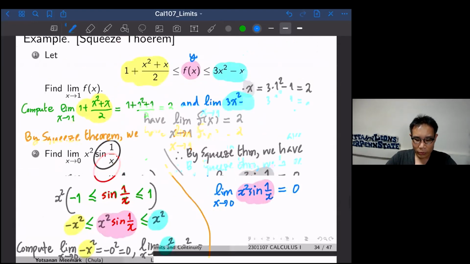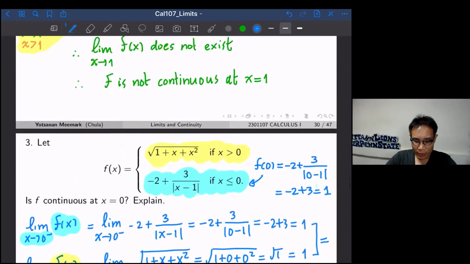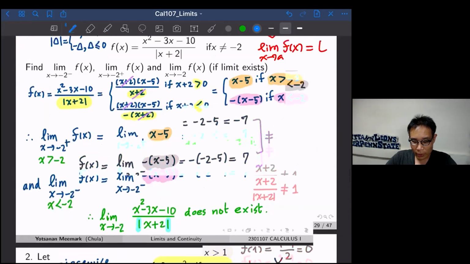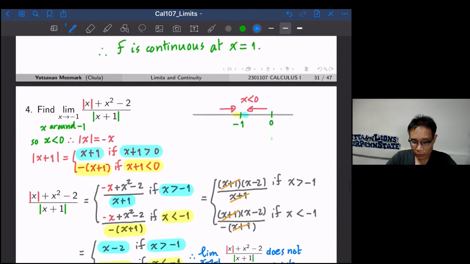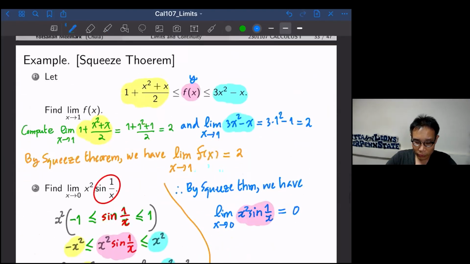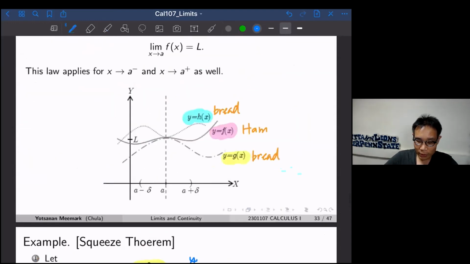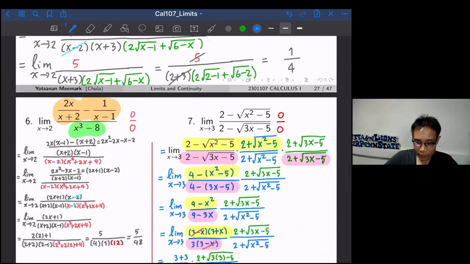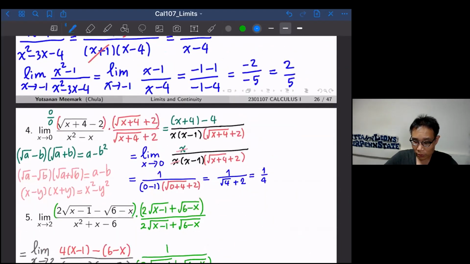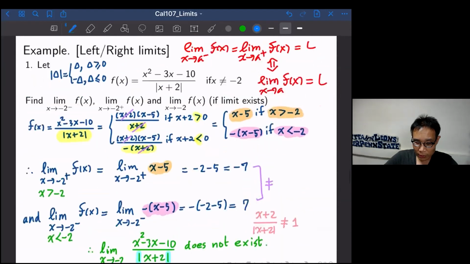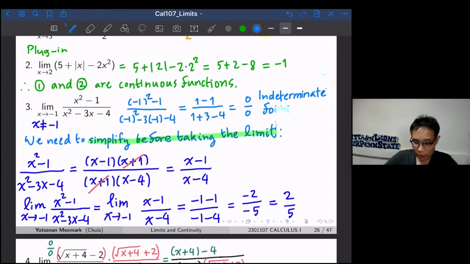So this one is going to be pages 29 to 32. And this one, I think I forgot the heading for finding the limit of a function. Plug in and simplify is going to be pages 26 up to 28.